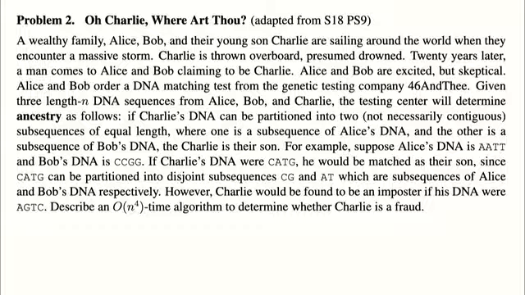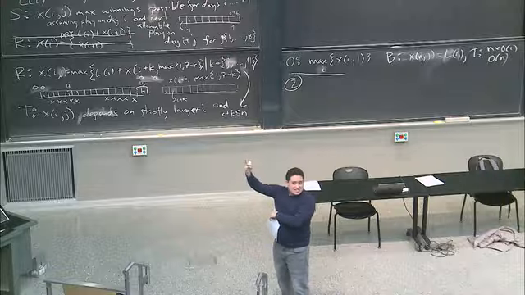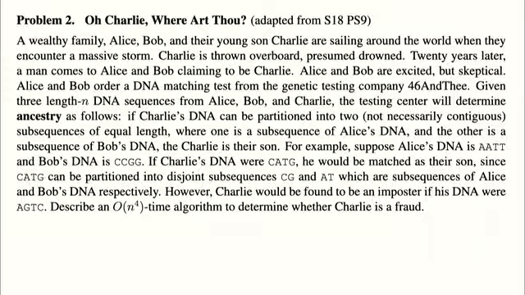But Charlie would be found to be an imposter if his DNA sequence were A, G, T, C. It's easy to realize that because G and C are swapped in terms of their ordering, and GC only appears in Bob's DNA and doesn't appear in that order.